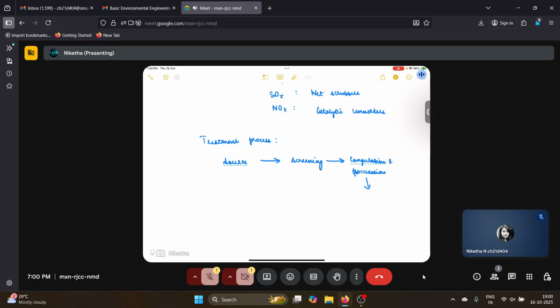After coagulation and flocculation, there will be sedimentation. And after sedimentation, there is disinfection. And after disinfection, the water will be stored for usage.